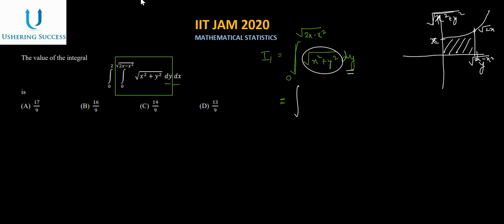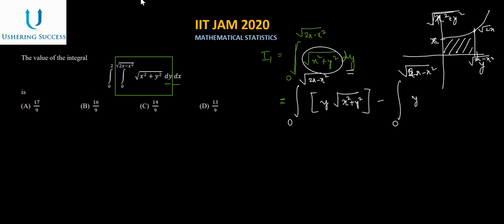Then this integral would reduce to y root over x square plus y square from 0 to root over 2x minus x square, minus integral 0 to root over 2x minus x square of y times 1 by 2 root over x square plus y square into 2y dy.